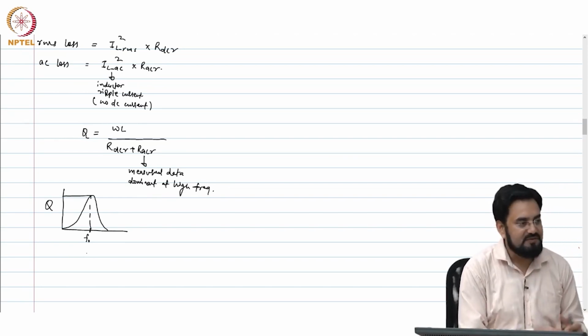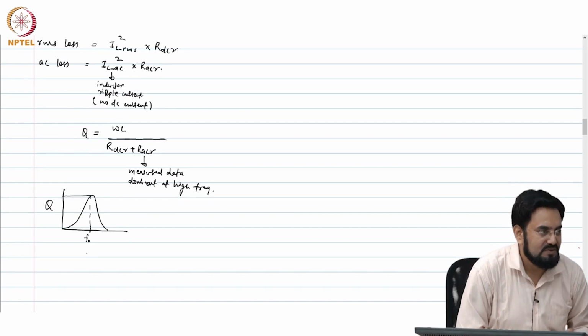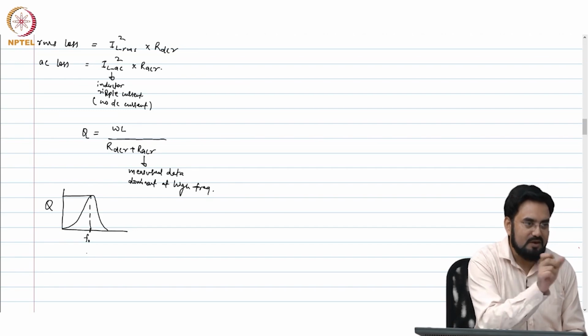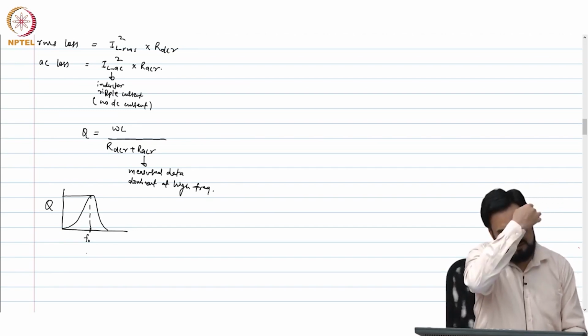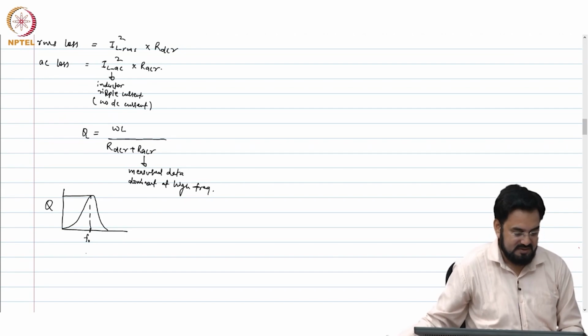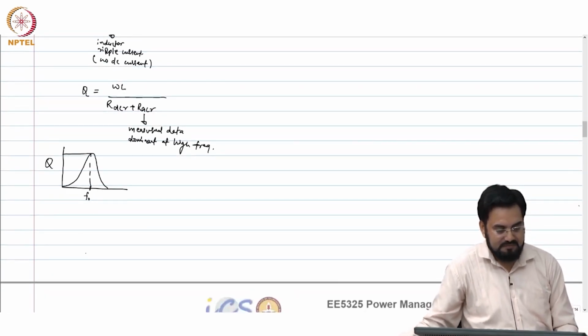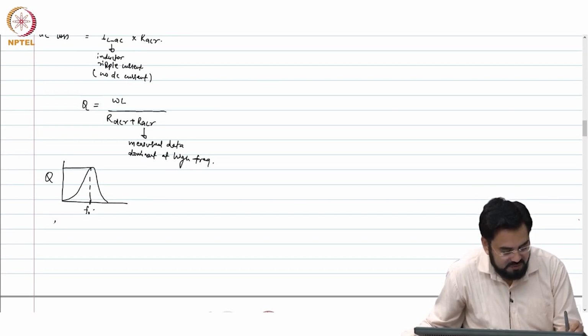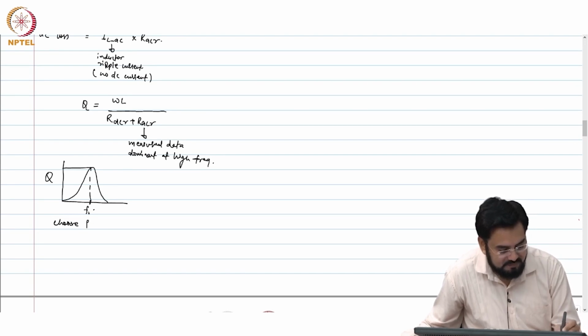Or if you have already selected your FSW, then you pick the inductor which gives you the highest Q around that frequency, so that you can get a better efficiency. So, choose FSW closer to F naught.